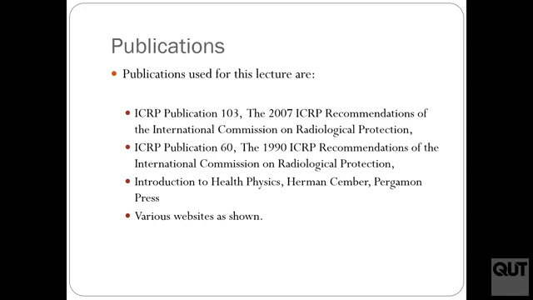The publications that we generally stick to are ICRP publication number 103, which is the 2007 ICRP recommendations, and ICRP publication number 60, which is the 1990 recommendations. So 2007 was an update of the 1990 general recommendations. We'll also do some exercises throughout the unit from Introduction to Health Physics by Dicember, and various websites as we go along.